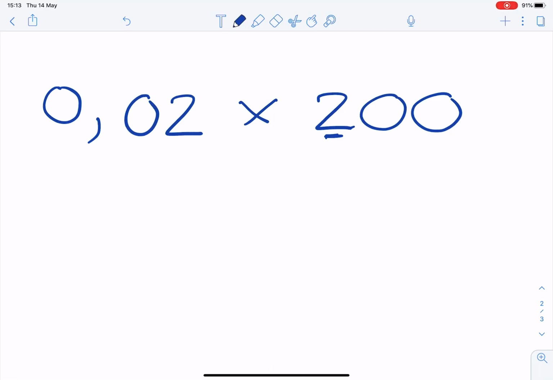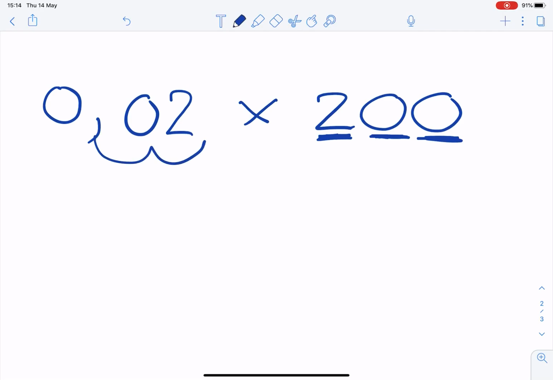You have to move it 2 spaces, and you have to multiply by 2. So the first thing we will do is move the comma. 200 has 2 zeros, so your comma is going to move 2 places to the right.